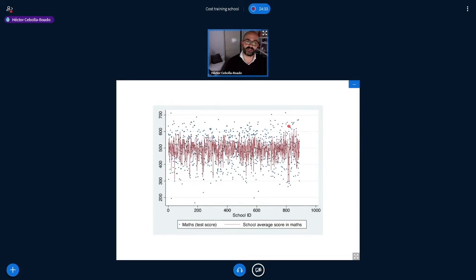In red you have the school average in performance, so this is the average performance in mathematics between schools in PISA data, and the blue dots are students. This is the kind of context in which you have a strong incentive to actually invest a lot of time in studying the context in which you operate.